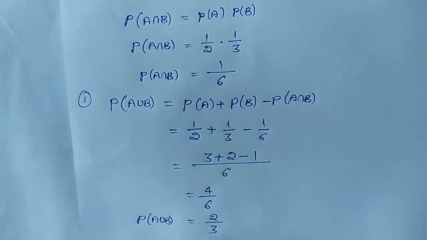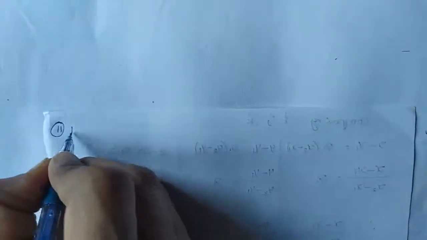Let us solve the second sub question. The second sub question is the probability that exactly one of them solves the problem.